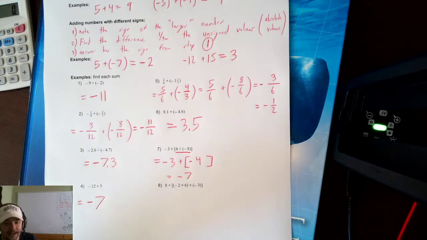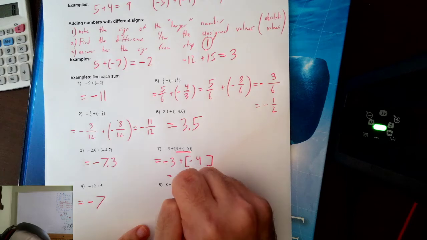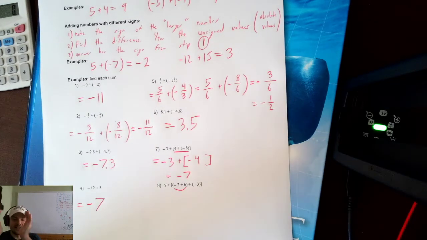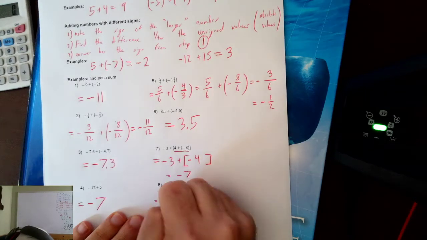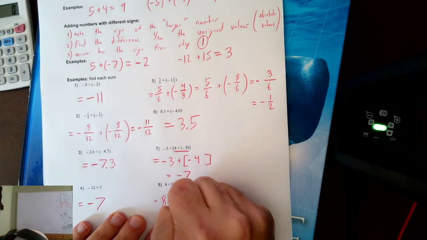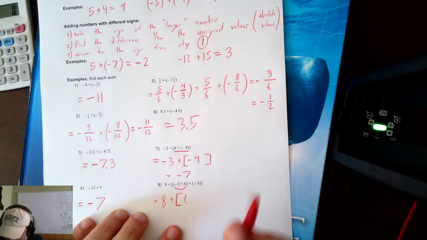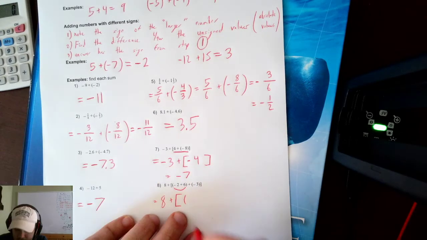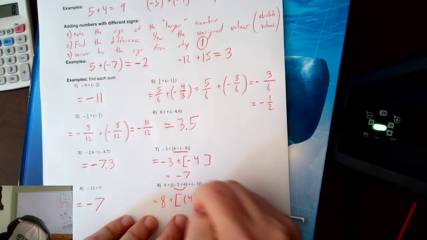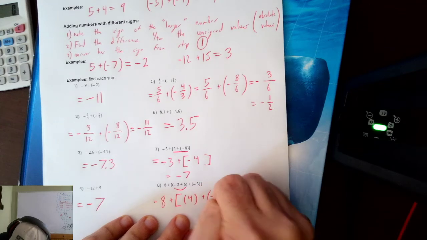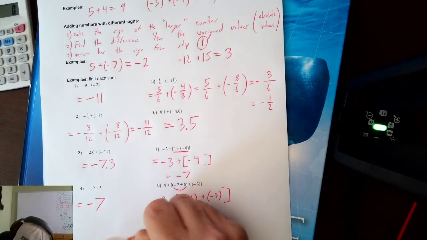Same thing for our 8th example. We need to work out this portion first, because it's the innermost group of parentheses. So let's copy down 8 plus bracket, -2 plus 6. Hopefully we all agree that that should be positive 4, and we have a -3 here.